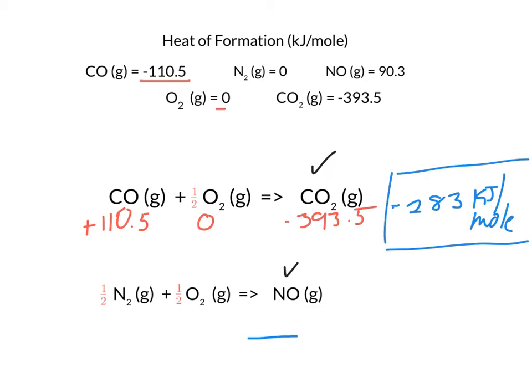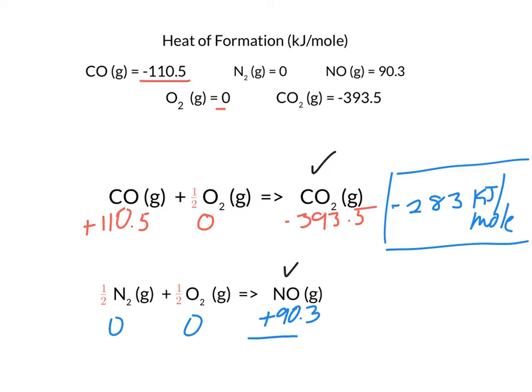The one right below it is a very similar one. I see N2 is 0, so I can throw that in there fairly quickly. I know oxygen from the previous one is 0, and nitrogen monoxide here is positive 90.3. It is on the product side, so therefore it is going to stay at a positive 90.3. So therefore, I'm just combining these, and it's fairly easy to say.